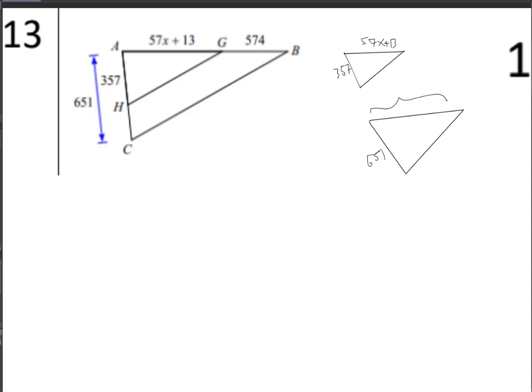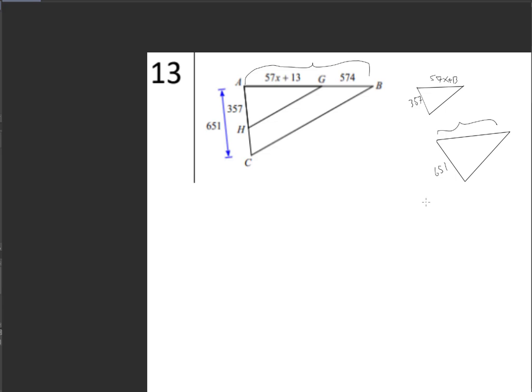So I can set up a proportion of 357 over 651, this amount over that large amount, is equal to 57x plus 13 over 574 plus 57x plus 13.